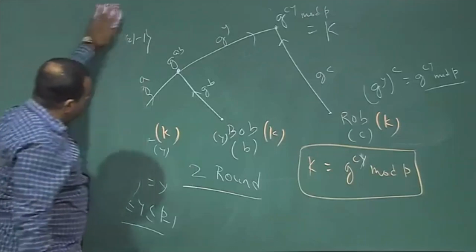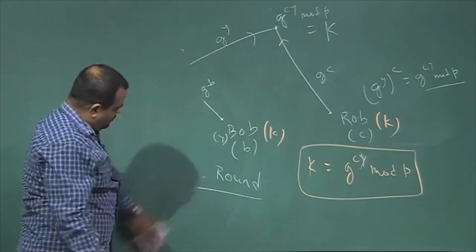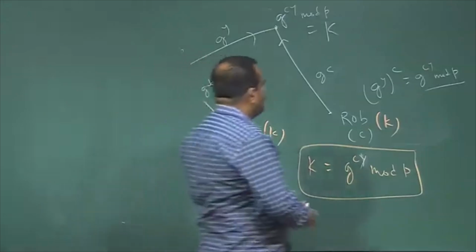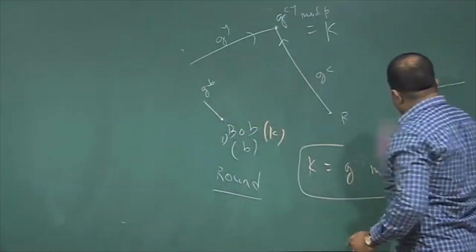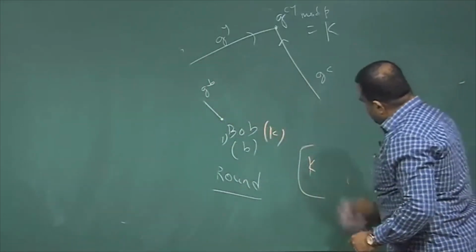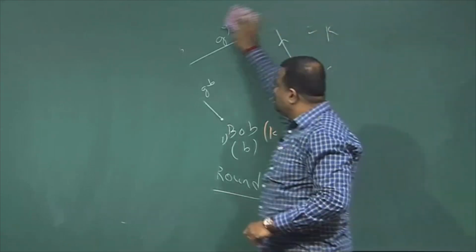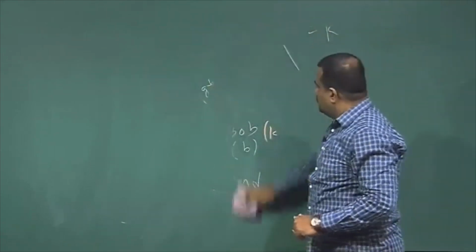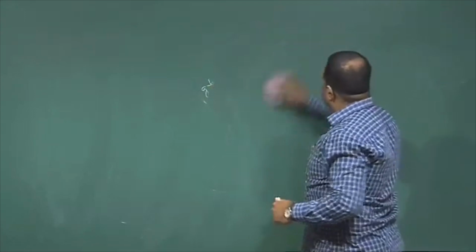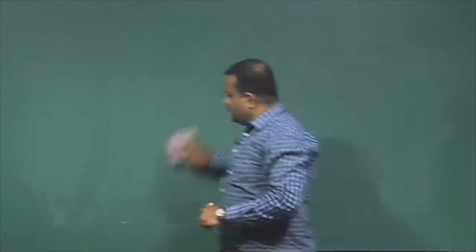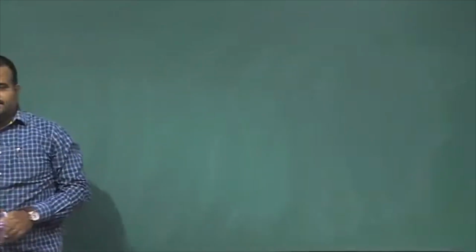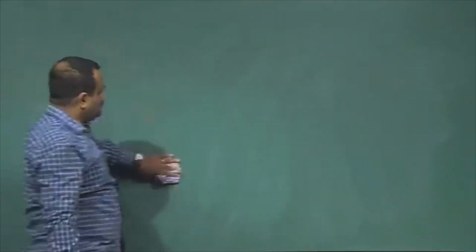Now, we have to talk about how we can make it single round. So, for this what we do, we want to define a function which is called bilinear pairing, and then we will use this function on a protocol which is called Joux's protocol to have a single round key exchange. Okay.